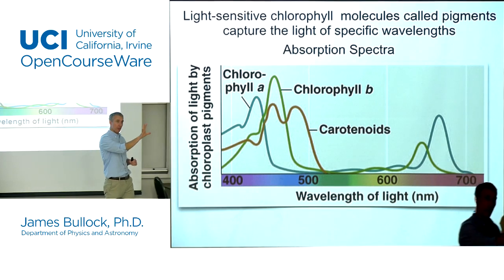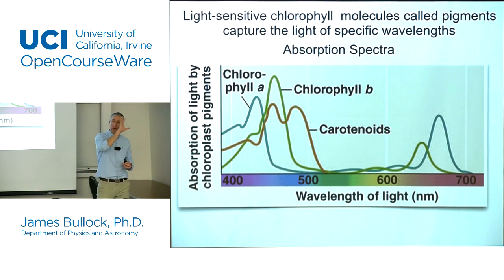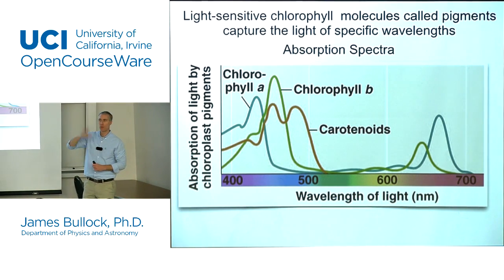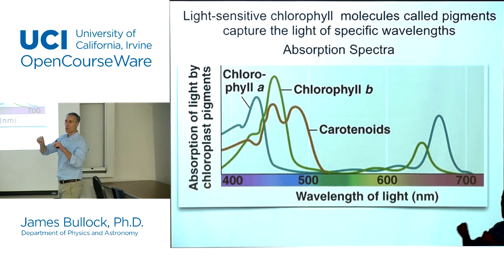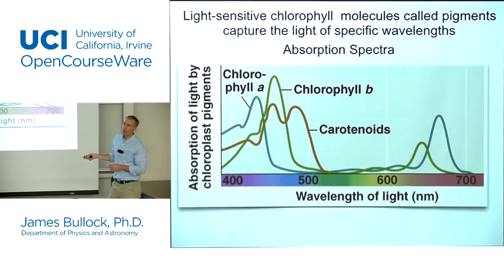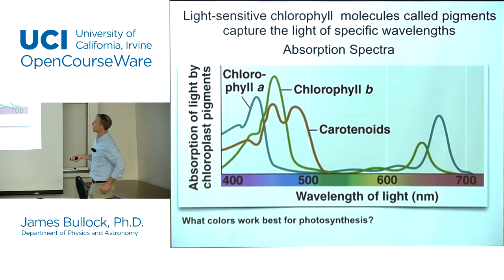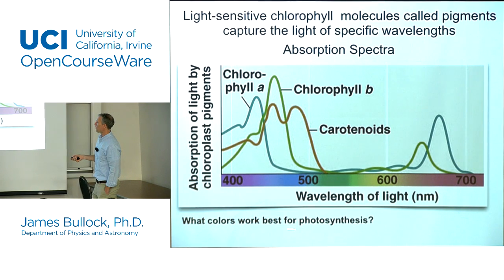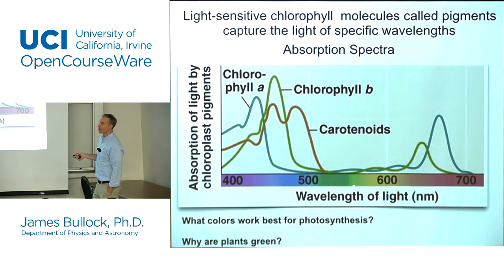And so we see plants, we see all this green, but that's because they're gobbling up all those photons that are purple and red to do their business with. So what colors work best for photosynthesis? I sort of gave you that answer already. It's purple and blue. And why are plants green? That's because they reflect that green.